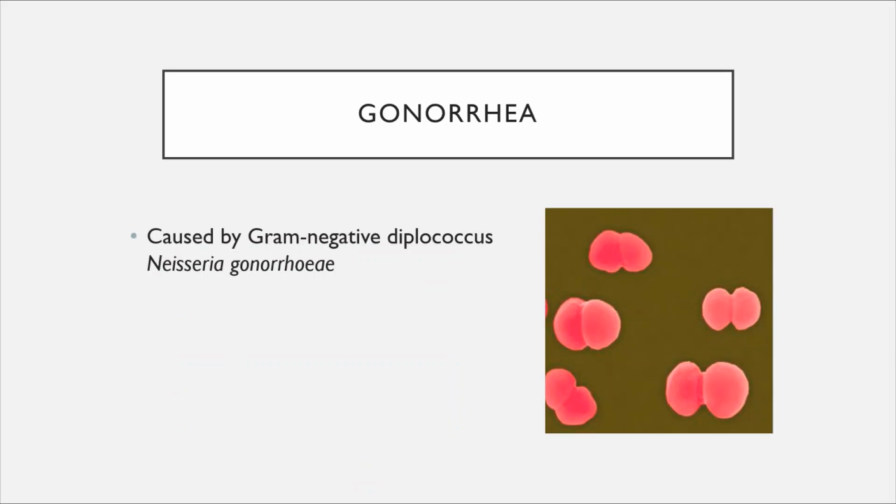The cause of this disease is a gram-negative diplococcus-shaped pathogen called Neisseria gonorrhoeae. It can not only infect the urogenital system, but it can also infect the eyes, the rectum, the mouth and pharynx, and so it's a pathogen that can be spread to other systems of the body through direct contact as well.